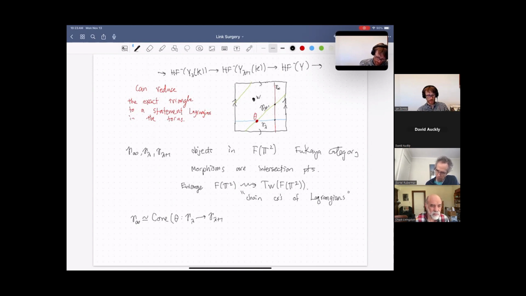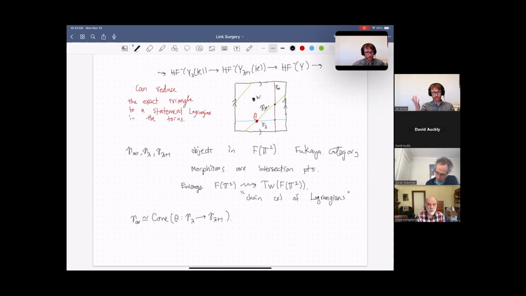From this homotopy equivalence you can very quickly derive the surgery exact triangle on Floer homology groups. It all boils down to this fairly simple statement about three Lagrangians in the torus.